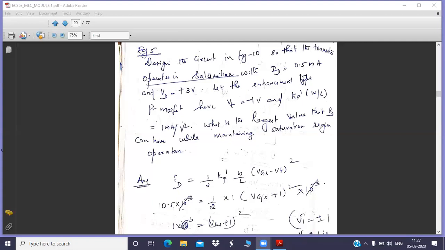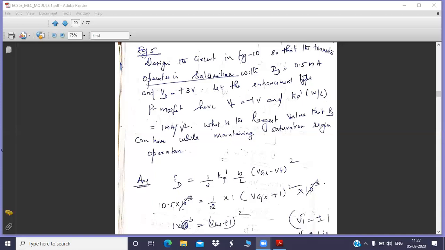So here our objective is to find the maximum value of drain resistance RD that confines our circuit in the saturation region itself. It will not allow, at any cost, our circuit to go into the triode region. For that, we need to find the maximum value of RD.